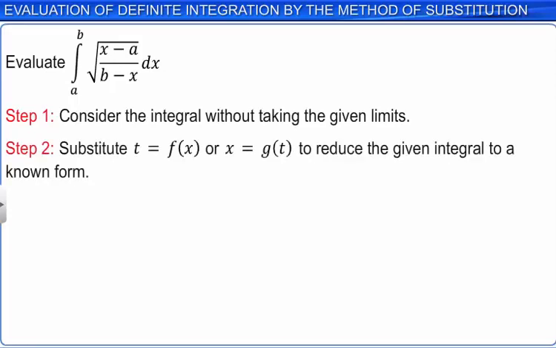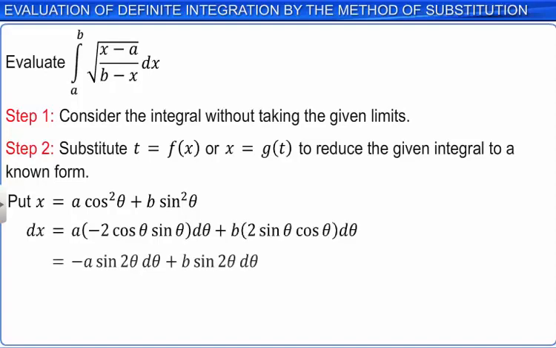To evaluate this definite integral, substitute x is equal to a cos square theta plus b sin square theta. On differentiating both the sides, we get dx is equal to (b minus a) sine 2 theta d theta.